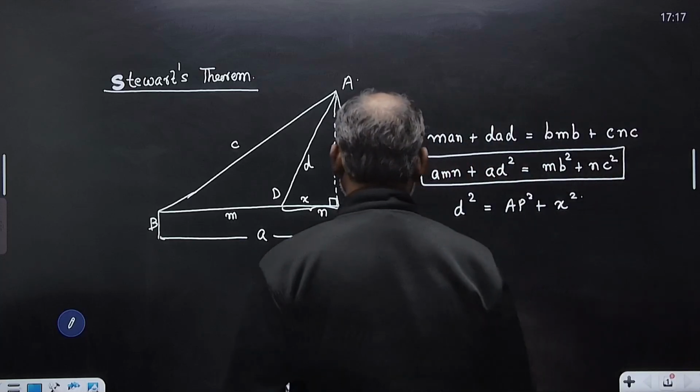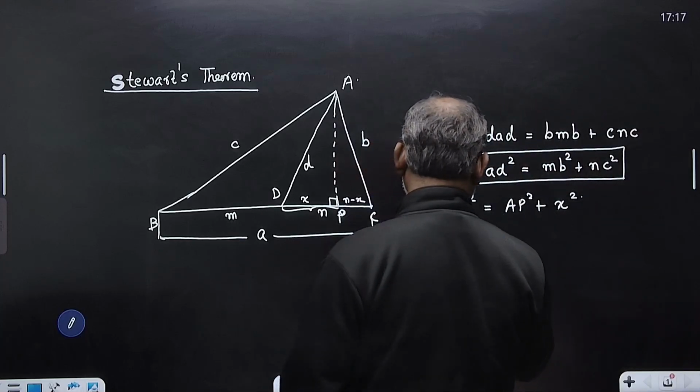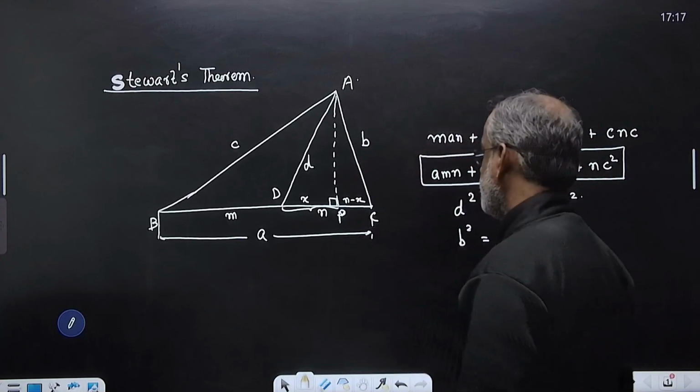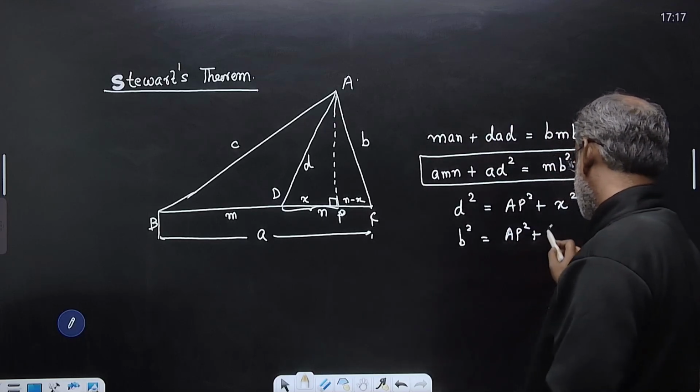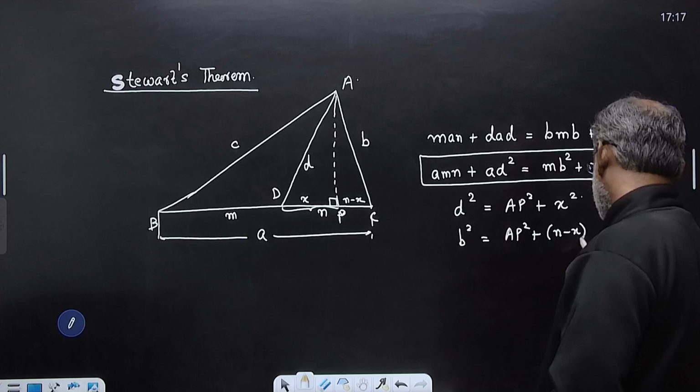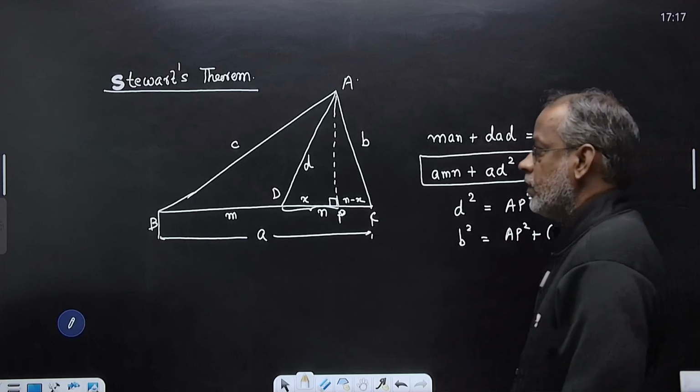We can also say B square is AP square plus N minus x whole square.